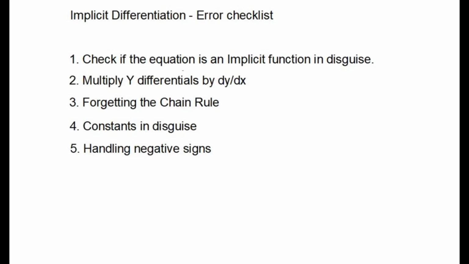Fourthly, constants disguised as variables. If it's not y or x, it is a constant. And if it is a term by itself in an equation, then when you differentiate it, its value is 0. And finally, the silent mark killer, losing the negative signs.